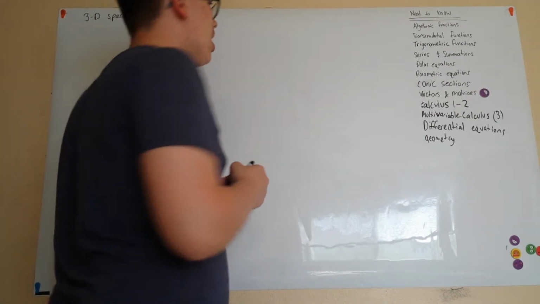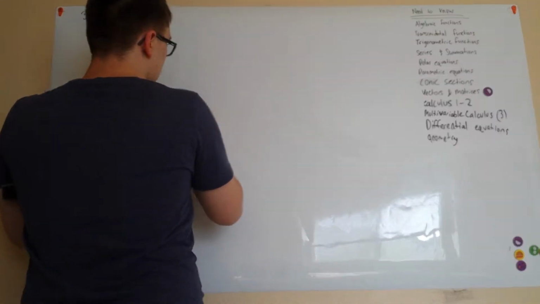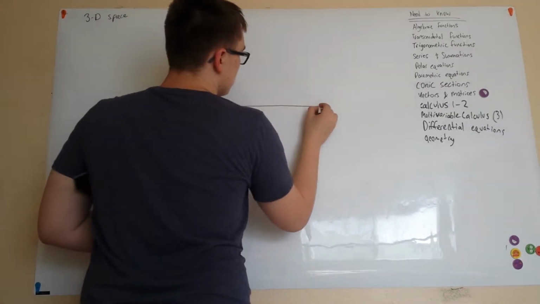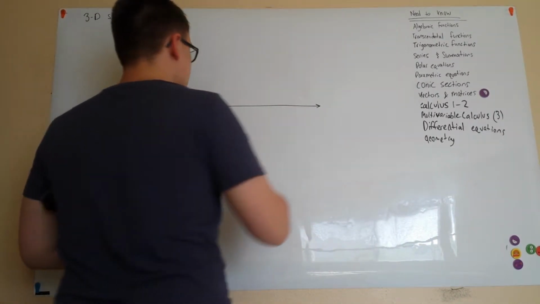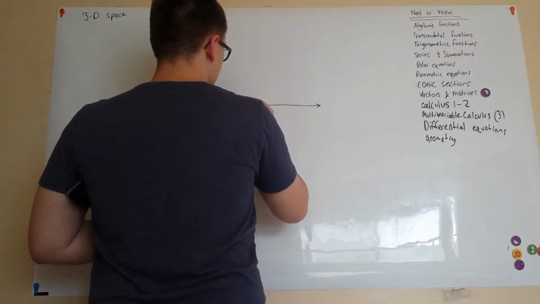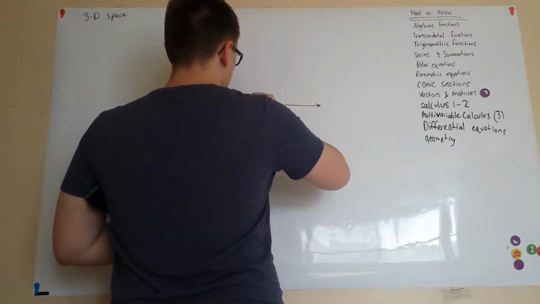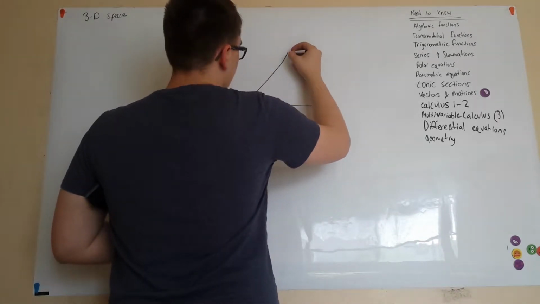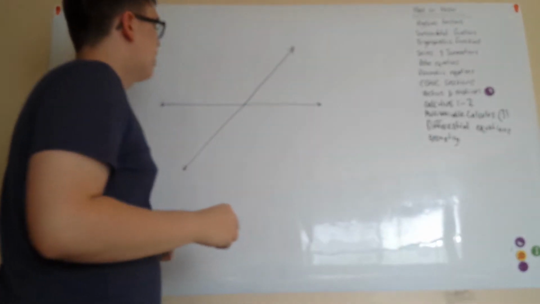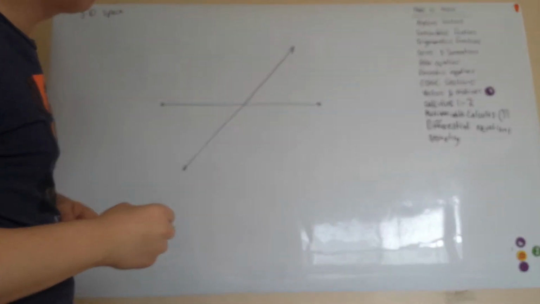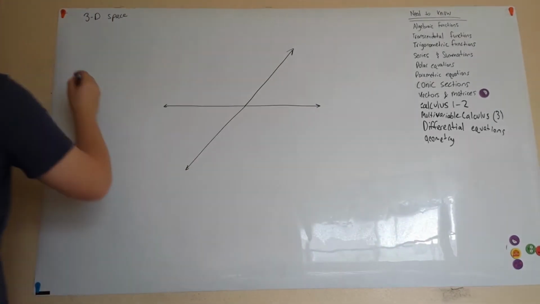So imagine, I'm going to draw this real quick. So imagine a plane. So this is a line. I'm going to draw a plane. And it's going to look like this. Hopefully you can see that. Now, if you can't see this plane good, I'll just draw it on the side and show you what I mean.